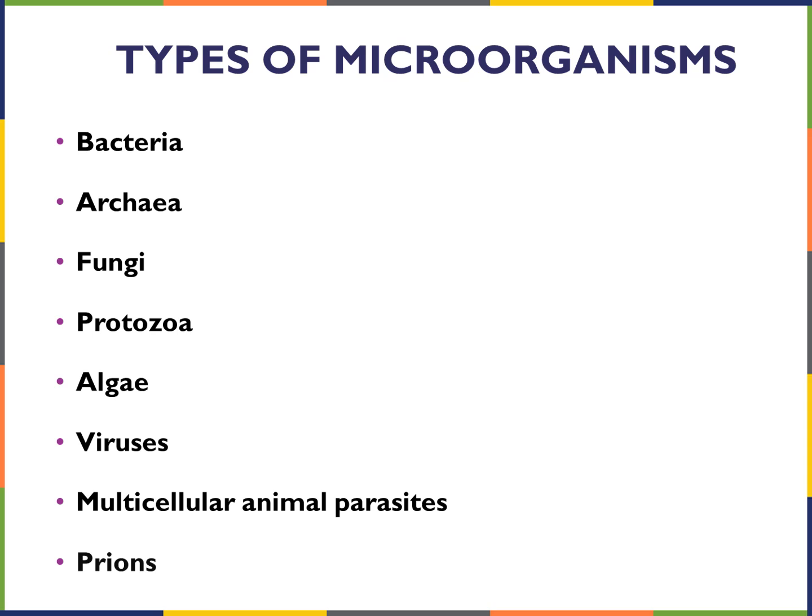So they're typically studied here because they do cause human disease and disease of other animals. Also because they have such complex life cycles, the majority of their life cycle stages, they're microscopic. And so that's why we study them in micro.